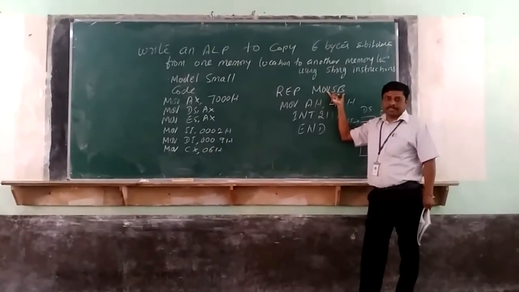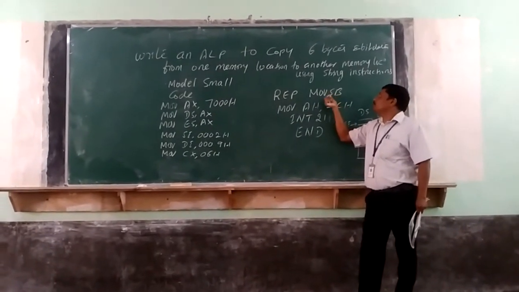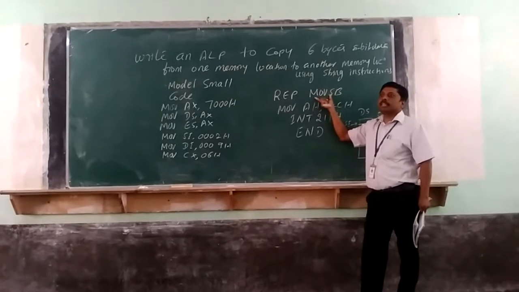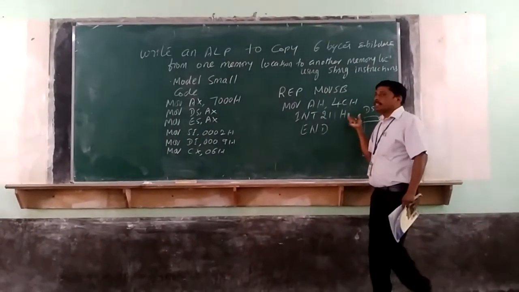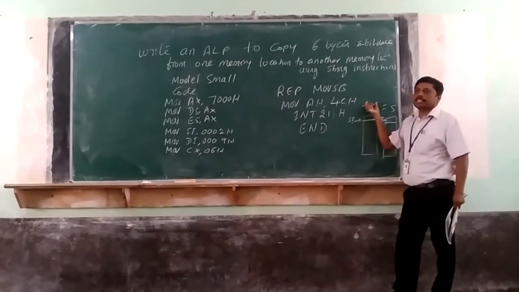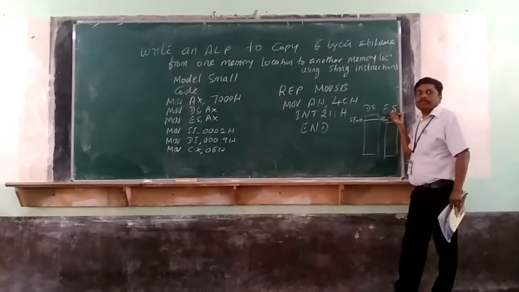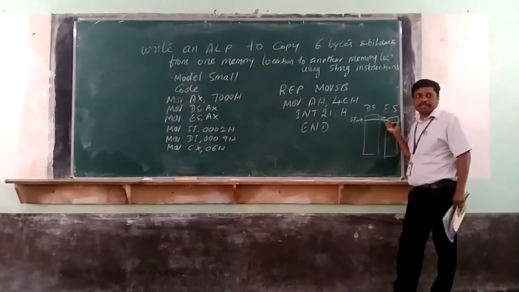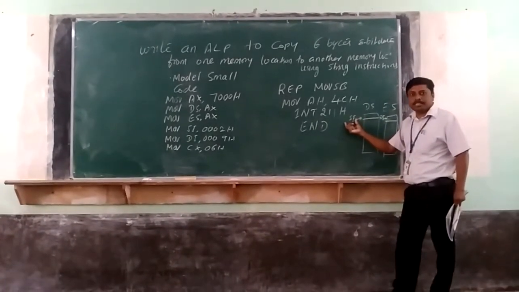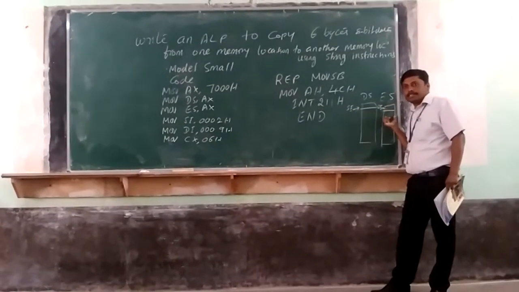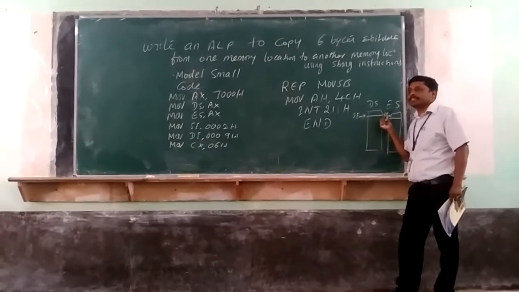Move string byte: each time one byte will be transferred. If you use MOVSW, each time one word is transferred. For the source, the segment is the data segment; for the destination, the segment is the extra segment. The effective address in the data segment will be stored in the source index register, and in the extra segment the effective address will be stored in the destination index register.